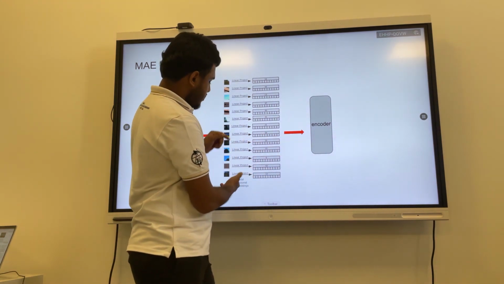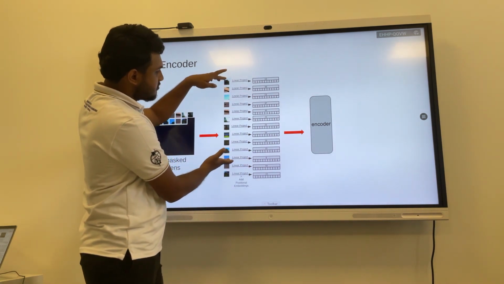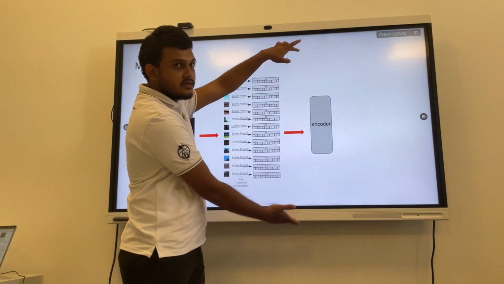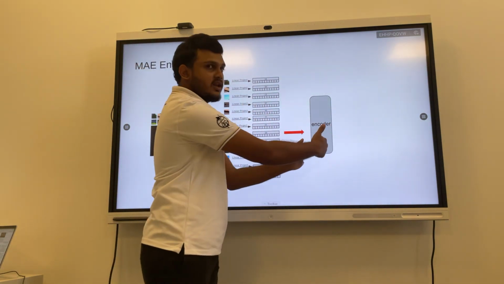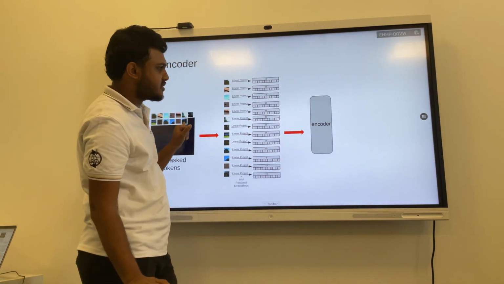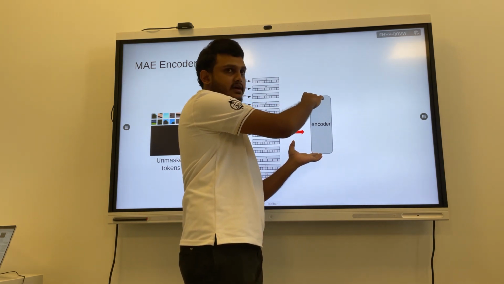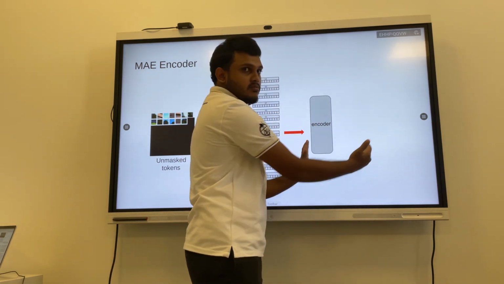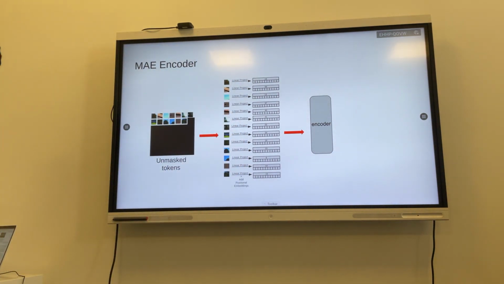If we use the masked tokens as well, we will have to make this encoder wider, right? So for a given number of parameters, if we make it wider, the depth will have to be lower. But by only sending the unmasked tokens, we can reduce the width and make the model more in depth.